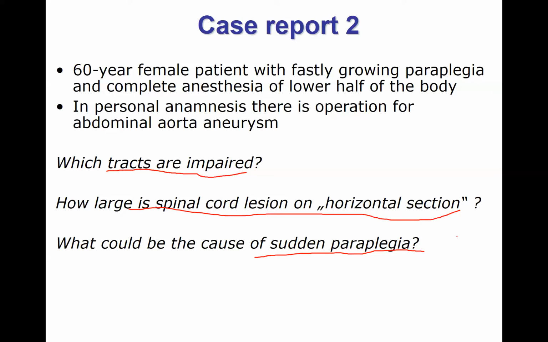So now we can connect it with which tracts are impaired. If the question is paraplegia, which tract is impaired? Which tract is interrupted, connected with paraplegia?